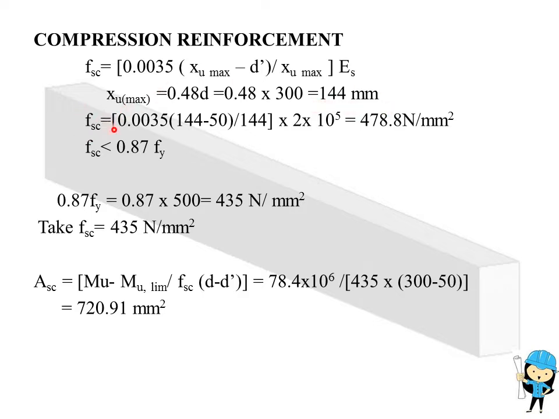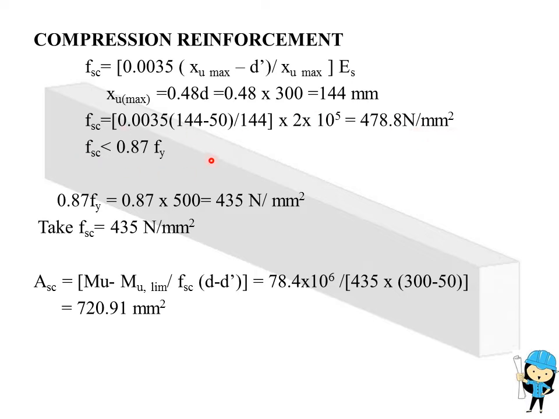Therefore, FSC is equal to 0.0035 into 144 mm minus 50, that is cover of the beam, divided by 144 into 2 into 10 power 5, that is the Young's modulus of the steel, that is ES value is equal to 2 into 10 power 5, which is equal to 478.8 Newton per mm square.